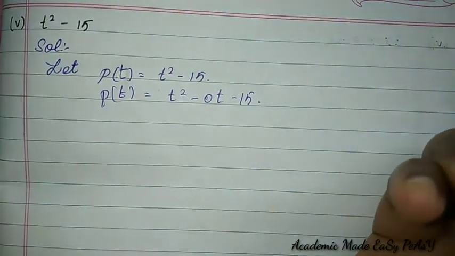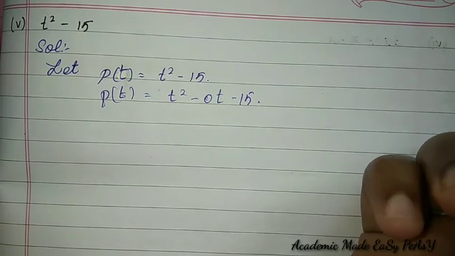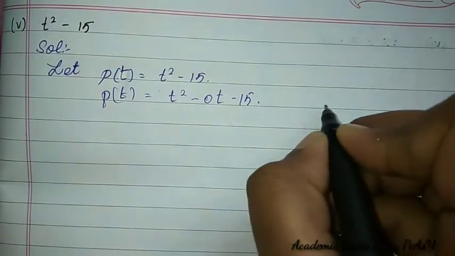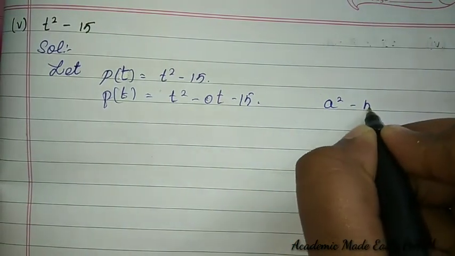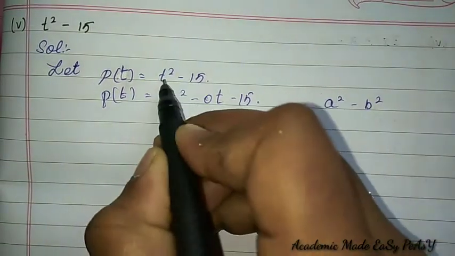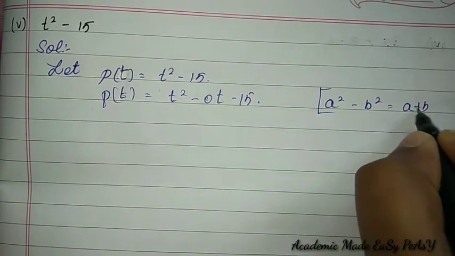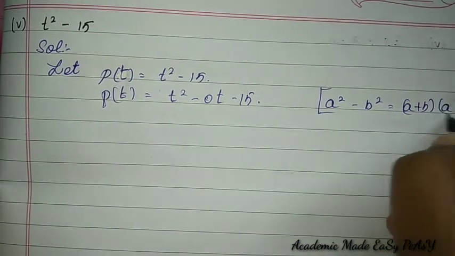So this is the form for it. So now what we will be doing is that we will be taking this as a square minus b square. We will be taking this like this. So now we will be taking it as a plus b into a minus b.